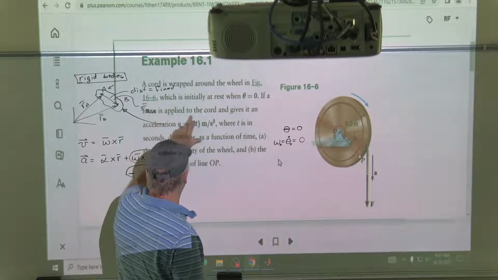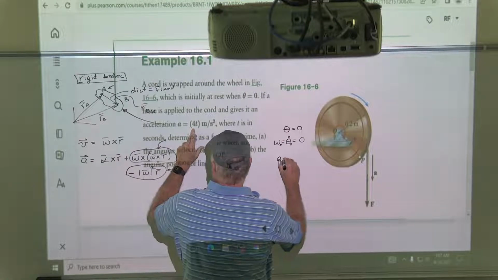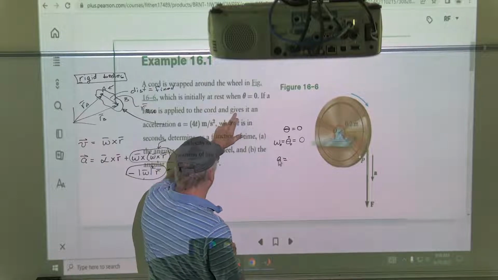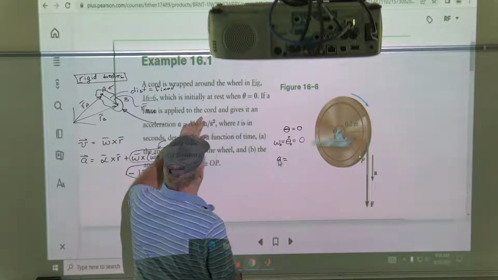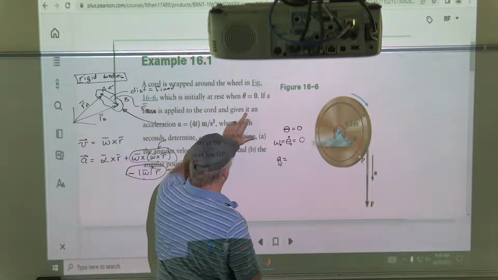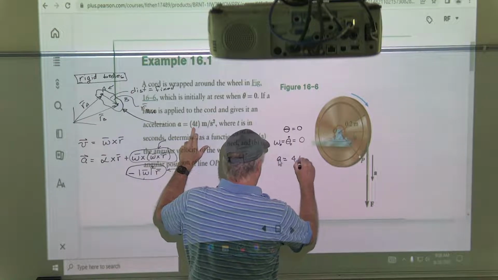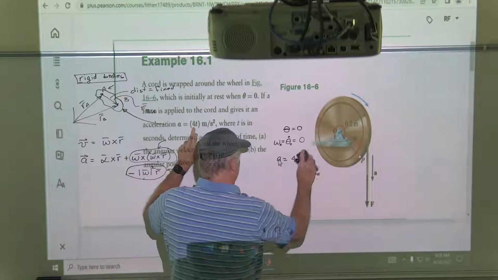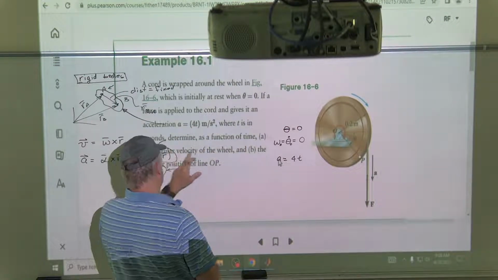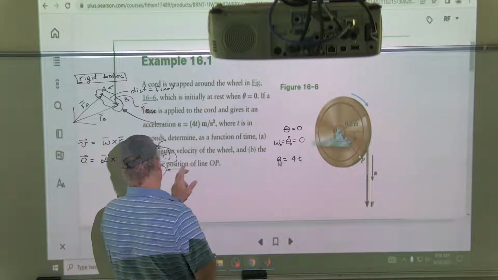If a force is applied to the cord and gives it an acceleration of 4t, where t is in seconds, determine as a function of time the angular velocity of the wheel and the angular position.